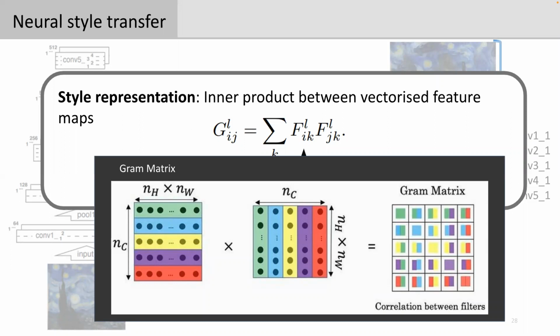The blue could be vertical edges, yellow could be green, and dots, and so on. You vectorize this and create this sort of augmented matrix. And by taking the transpose of this matrix, you can take the dot product of each respective vector. And this Gram matrix becomes a measure of the co-occurrence of each of these features.